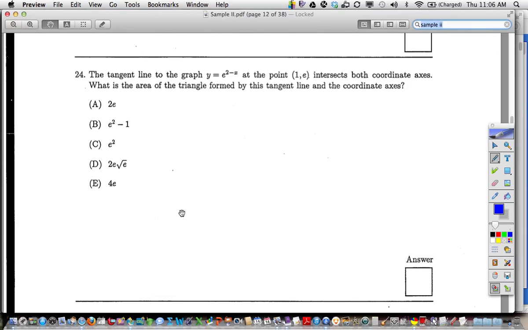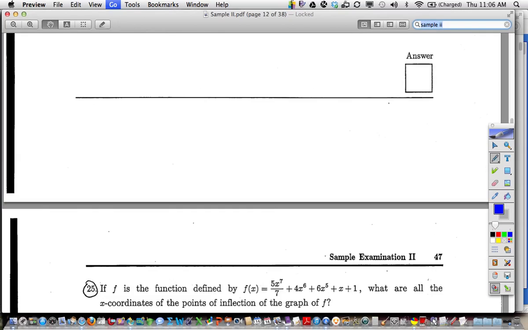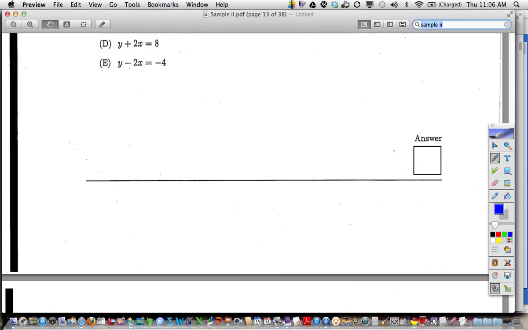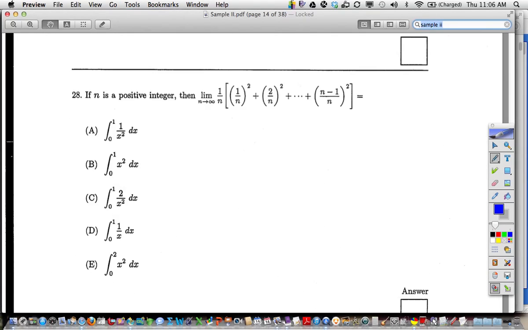On sample 2, go to 28. Okay, everybody see 28 here on sample 2? You can probably look at it and get it in a minute.